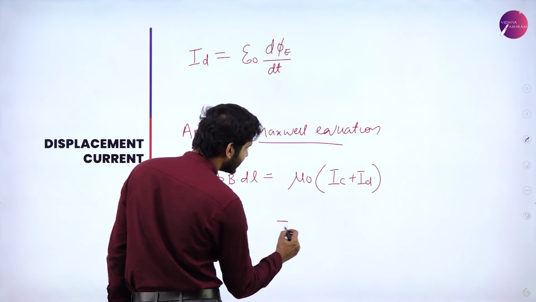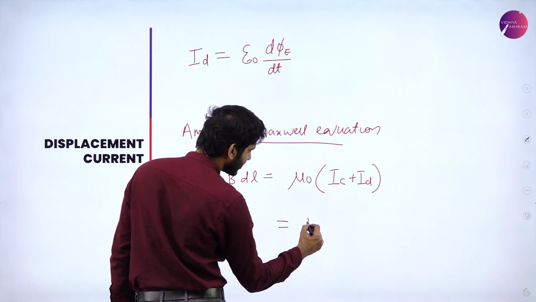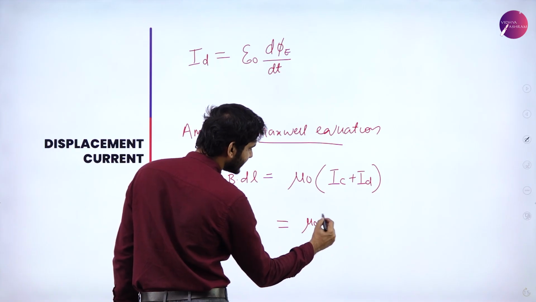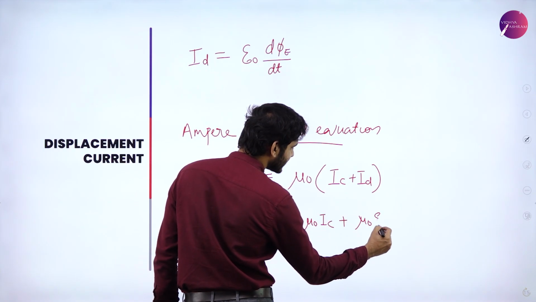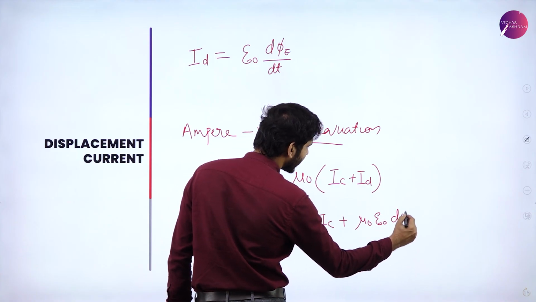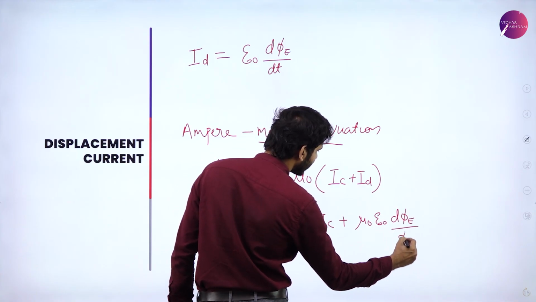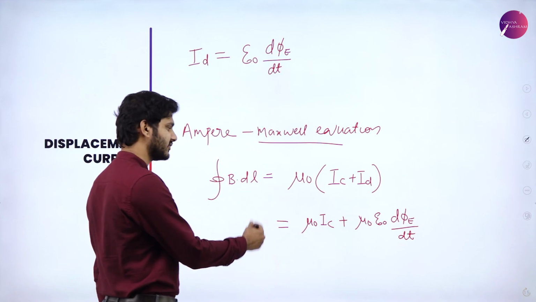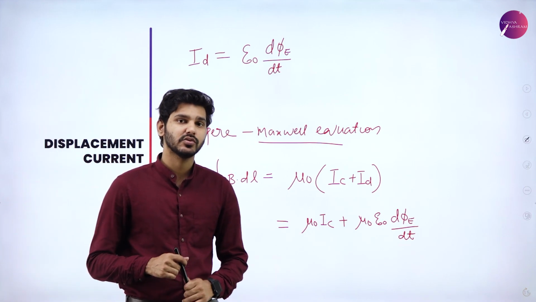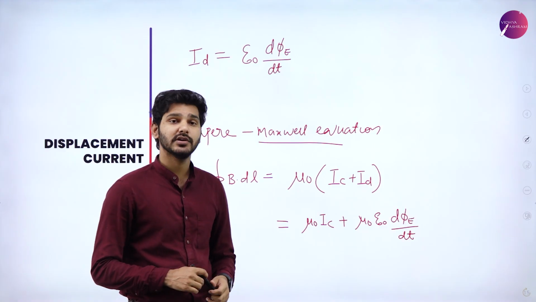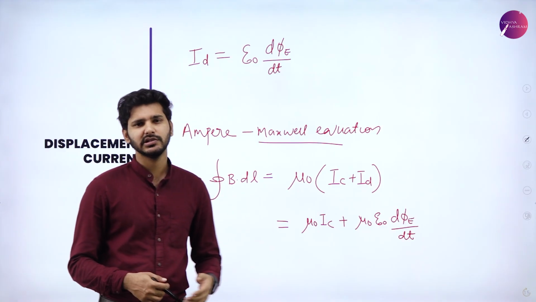If I take this inside, I can write it as mu naught IC plus mu naught epsilon naught d phi E divided by dt. This will be equal to integral B dot dl, and this is known as the Maxwell-Ampere equation, simply the Ampere-Maxwell equation.